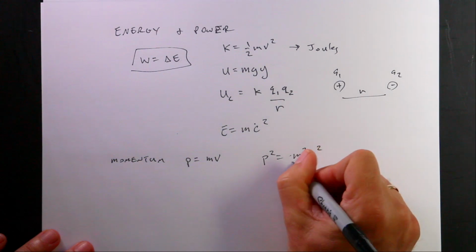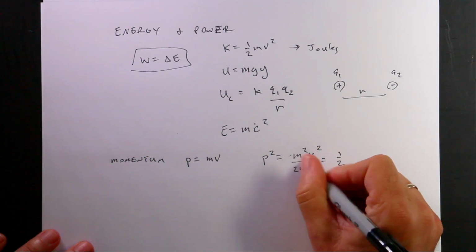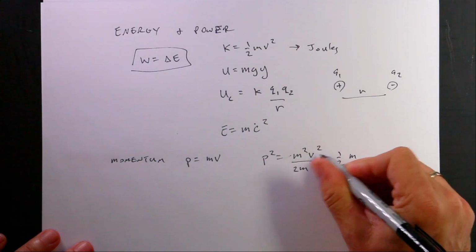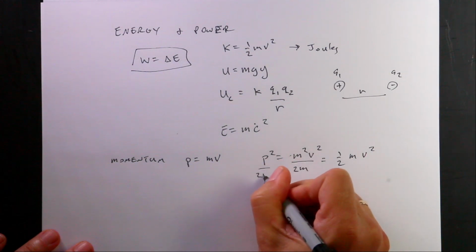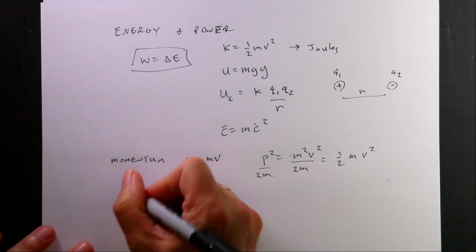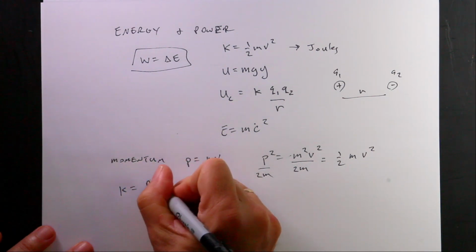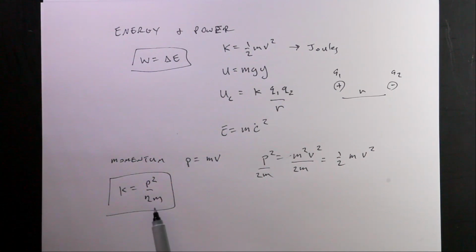Then if I divide that by 2m, one of those masses cancels, and the velocity is there. So I divide both sides by 2m. That is kinetic energy. So I get K equals p squared over 2m. So there are times when you need the momentum instead of the kinetic energy. So there's that relationship.